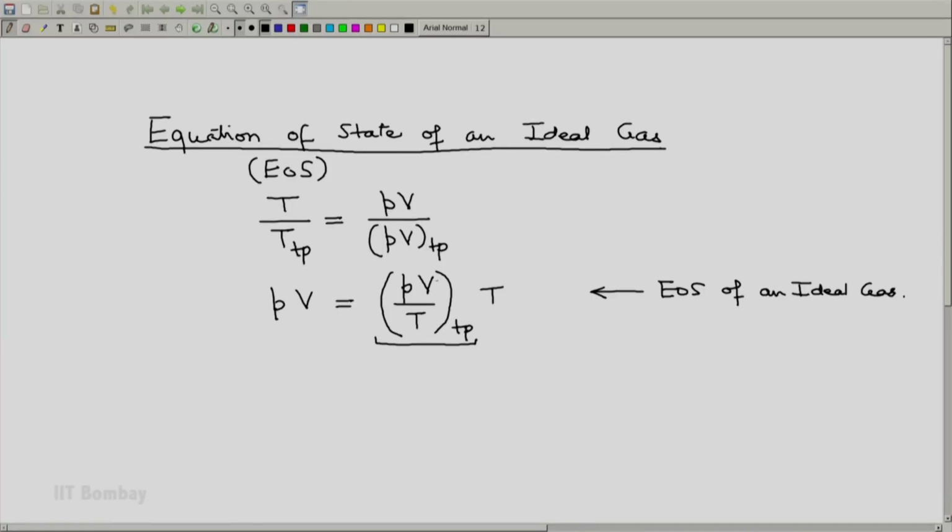So what we do is we write this in terms of specific mass, mass per unit volume.